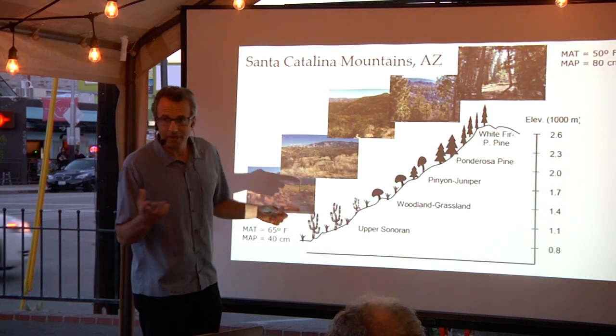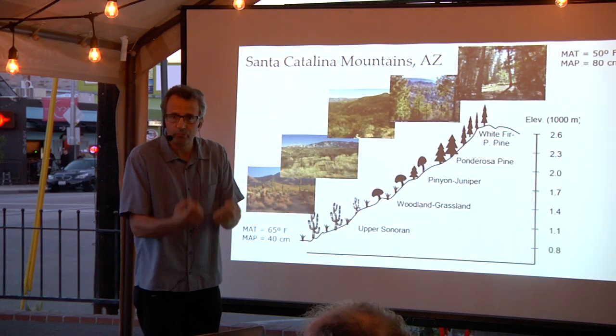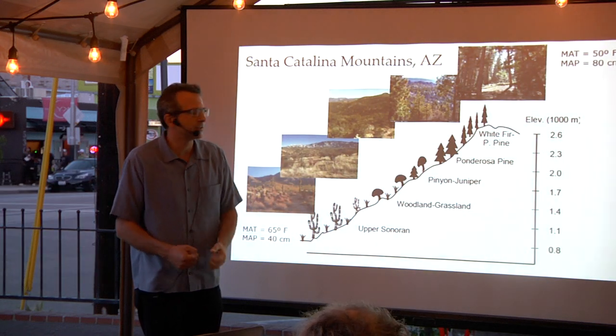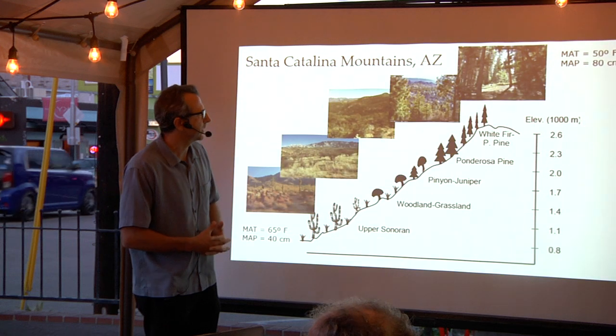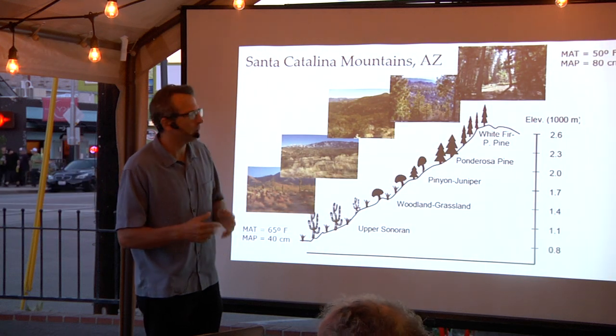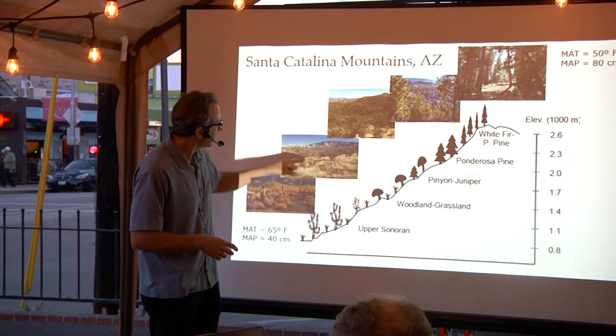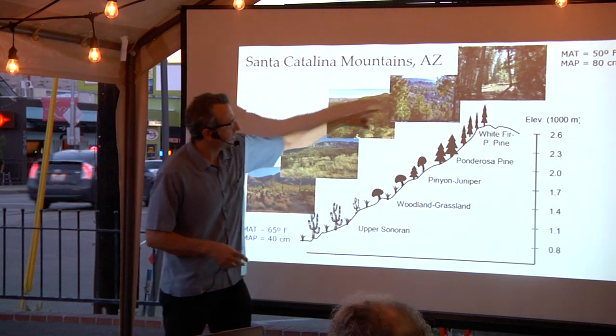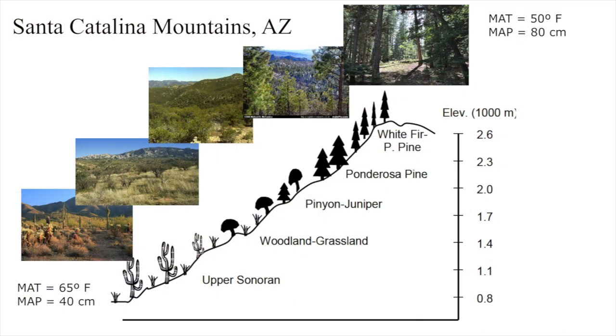And we're thankful for that because that rain is what recharges in part the Tucson Basin aquifer where we get our drinking water, rain and snow, I should say. And as we go up in elevation, we therefore get this big change in vegetation types from the Sonoran Desert to grassland ecosystems to pinyon juniper to ponderosa pine and finally to mixed conifer forest.